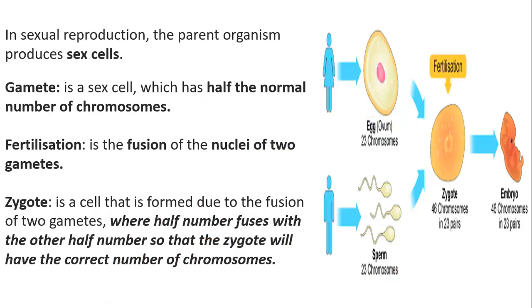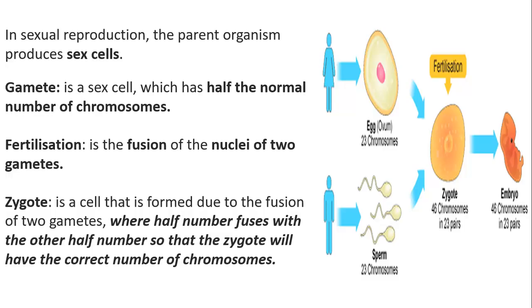Okay, so in sexual reproduction, the parent organism produces the sex cell, which is the gamete, that contains half the number of chromosomes. Why is that? Because if it has the full number of chromosomes, when it joins with the other sex cell, this will duplicate the number of chromosomes, and this will be abnormal.